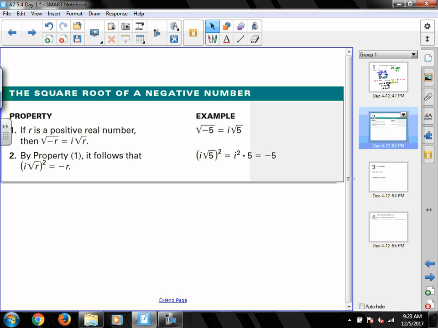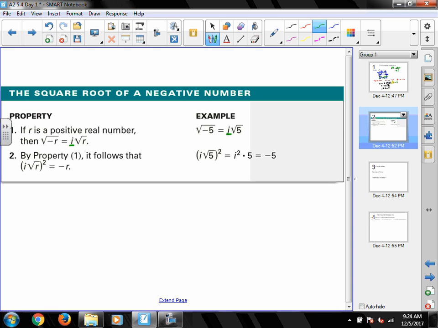So we've got some properties of the square root of negative numbers, where if we have the square root of a negative number, you can take out that square root of negative 1 and make it i. So square root of negative 5 is i times the square root of 5, or square root of 5 i. Then one thing that you should be aware of, if you have i times the square root of some number, squared, it is just going to equal negative that number.